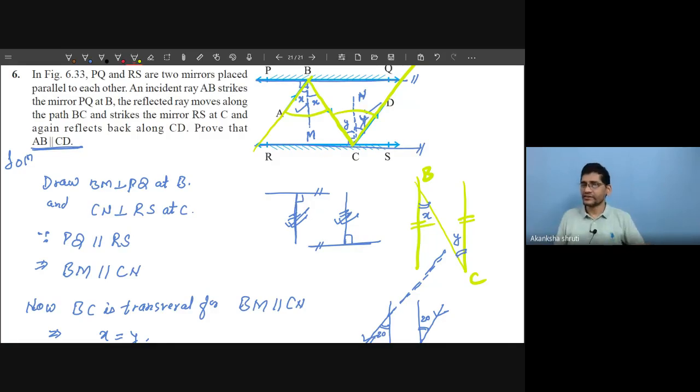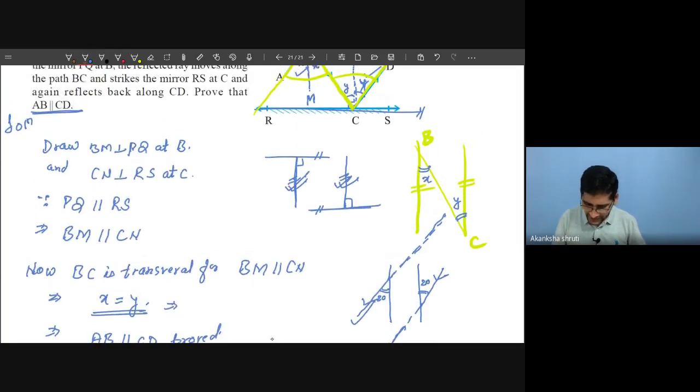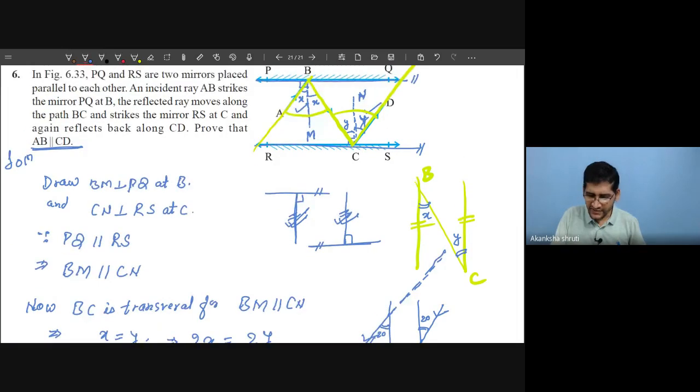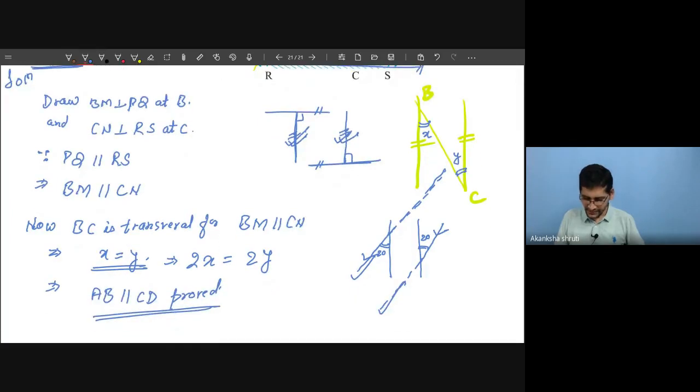Therefore, this is parallel. So writing X equals Y is also okay, or you may write this as 2X is equal to 2Y. What is our 2X? 2X is the angle between ABC and 2Y is the angle between BCD.